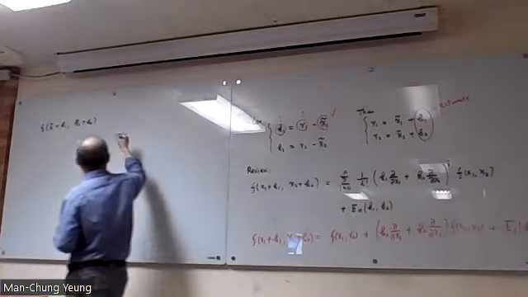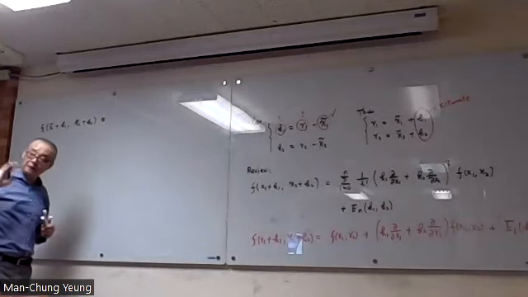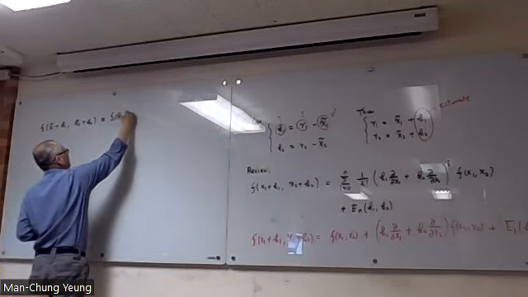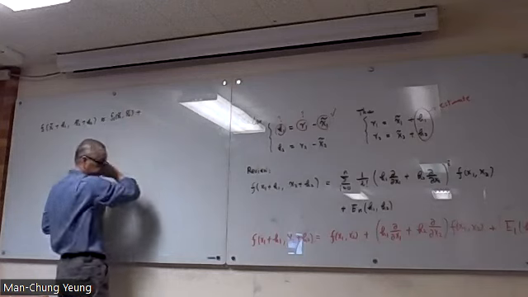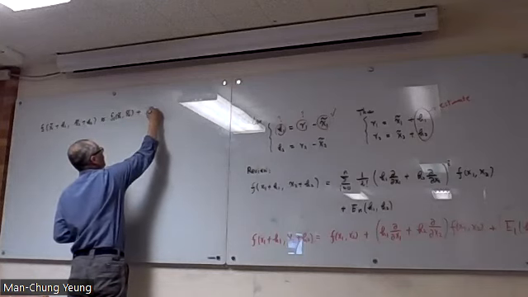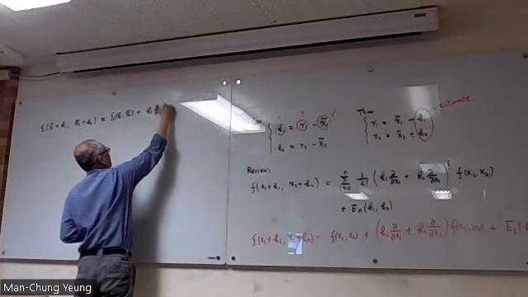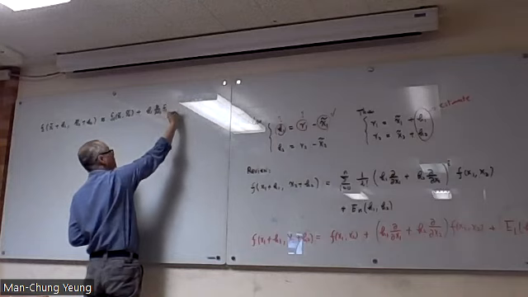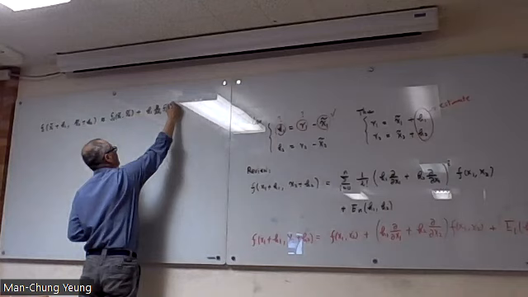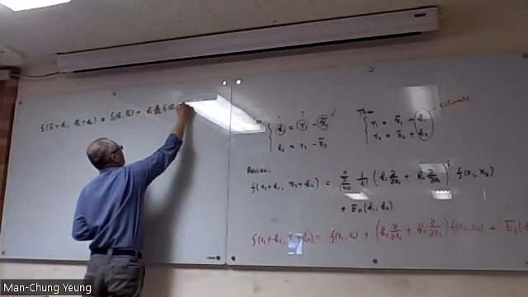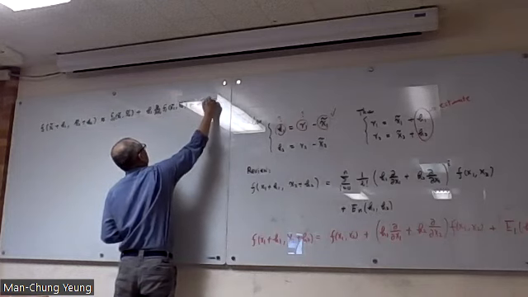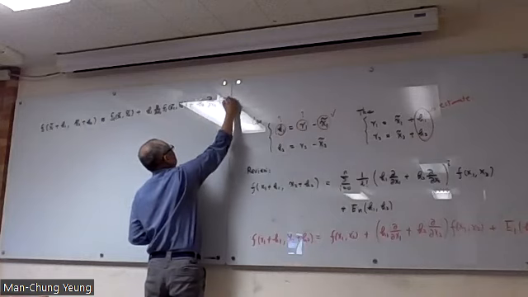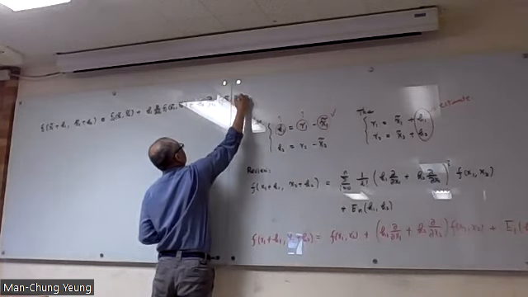So I get an approximation: f1 of x1 tilde, x2 tilde plus h1 partial derivative of f1, computed and then evaluated at x tilde, plus h2 partial derivative of f1 at x tilde.